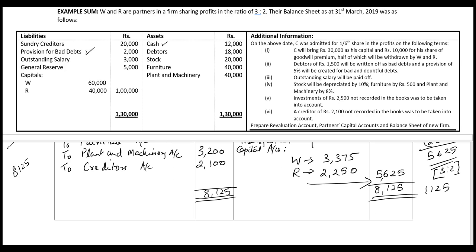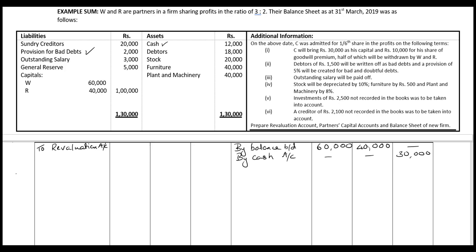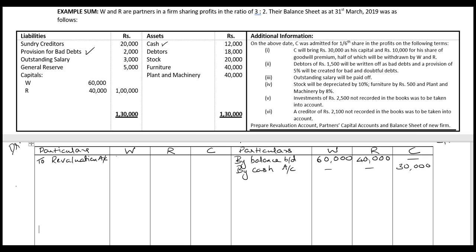The revaluation loss was 3,375 for W and 2,250 for R. We've entered the loss on revaluation.